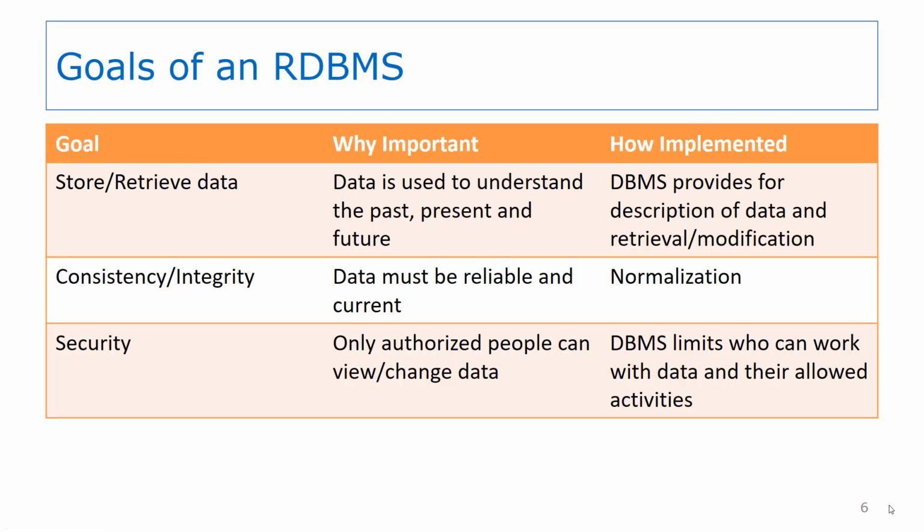To finish up, we'll look at some of the goals of an RDBMS. Practically all of the currently used RDBMS systems provide features that achieve all of the goals shown here. An RDBMS is often selected based upon how well it implements the features for a goal. Storing and retrieving data is the most fundamental goal of any RDBMS.